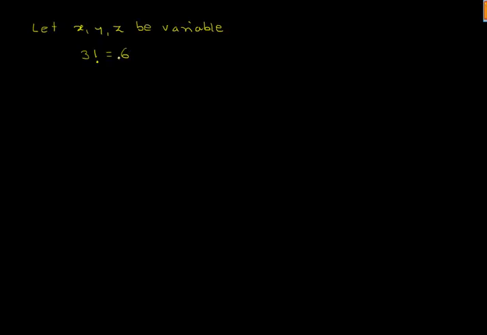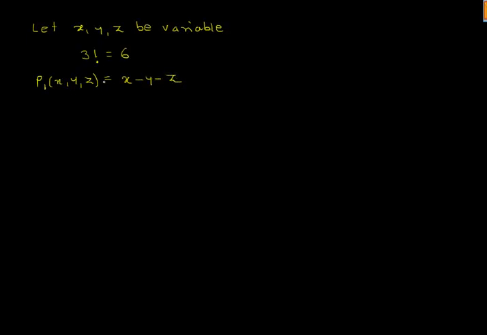which is equal to 6. Now we will define a function in these three variables. Suppose I define P1 as a polynomial of these three variables, defined as x minus y minus z.